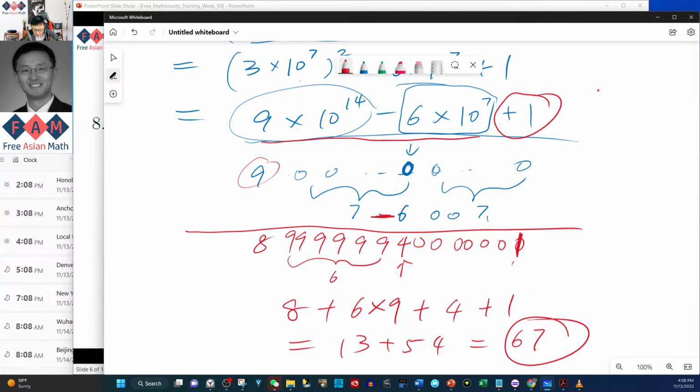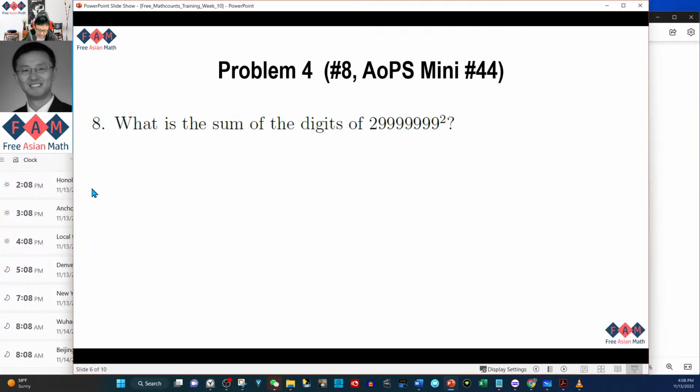Okay? So this problem is not that difficult, but it's really just a simple test of your knowledge about how to compute this. And even without any competition math experience, you should feel that you don't want to do something directly like this. You want to do smart things. This is just one short of a very nice number. That's 3 times 10 to the power of 7.